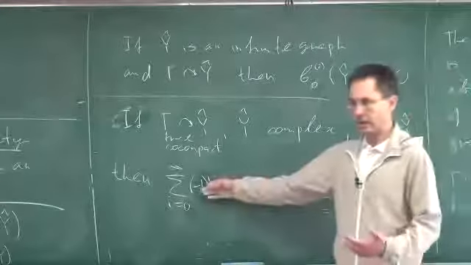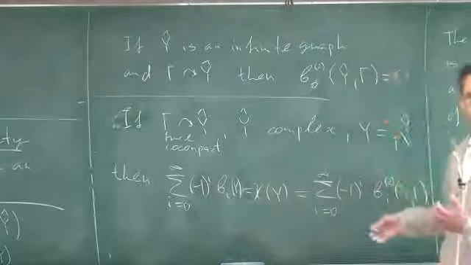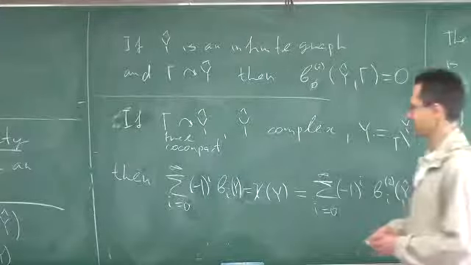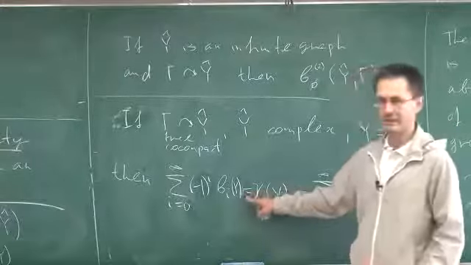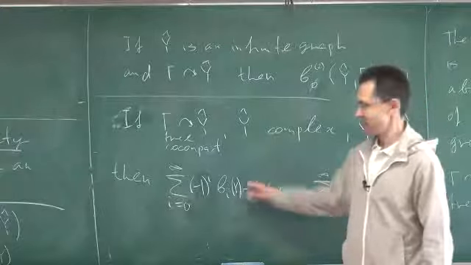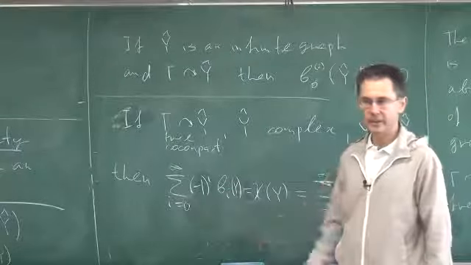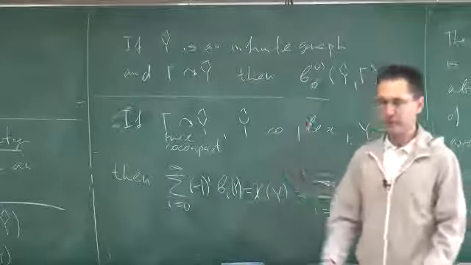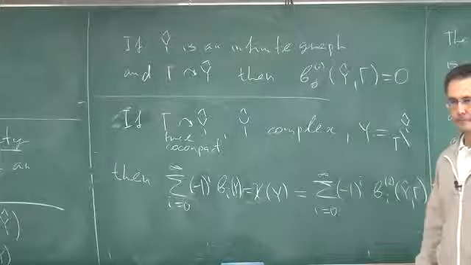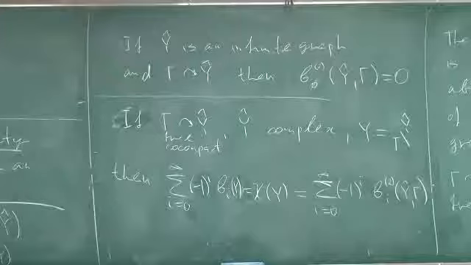But this alternating sum happens to be the same as this alternating sum. So do this as an exercise. Prove this equality. If you don't know how, just open any book in algebraic topology, look at the proof and produce the proof for this equality, one by one. That's a good exercise.